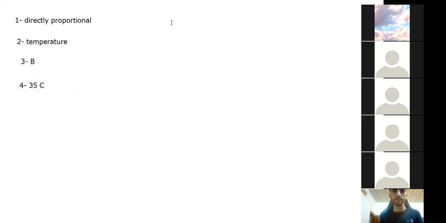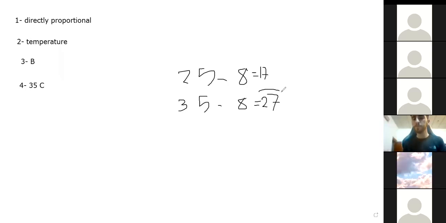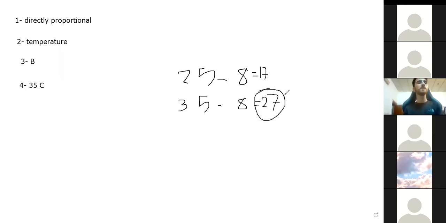For the first case you have 25 minus 8, which is 17. But for the third one, you have 35 minus 8, which means 27. Clearly 27 is a greater temperature difference, so you will have more heat being transferred. Very reasonable question.